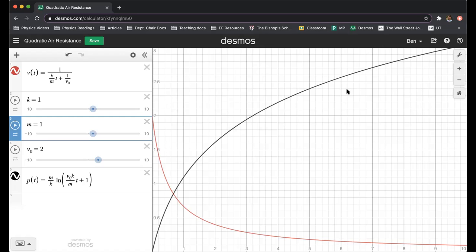That makes sense. But one interpretive point here that's not obvious and interesting is that the log function is unbounded. So what this predicts is that the block will never actually stop.